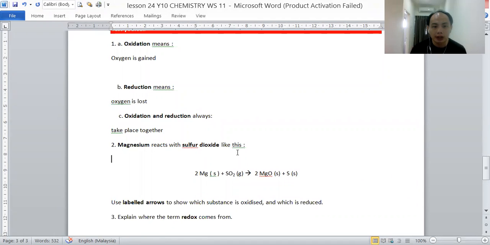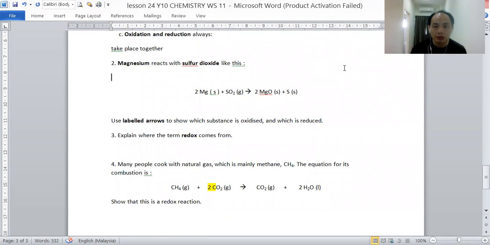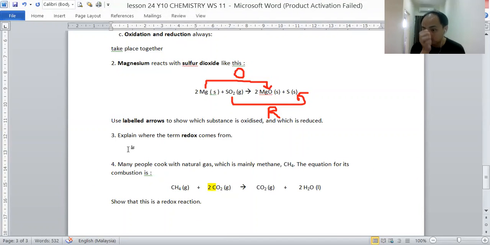Magnesium react with sulfur dioxide. Magnesium become magnesium oxide. So this one obviously is oxidation. Sulfur dioxide becomes sulfur, loses oxygen, so it's reduction. Number 3. Explain where the term redox is from. Redox is from the words reduction and oxidation.